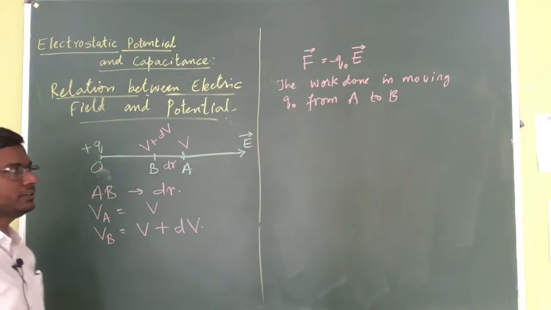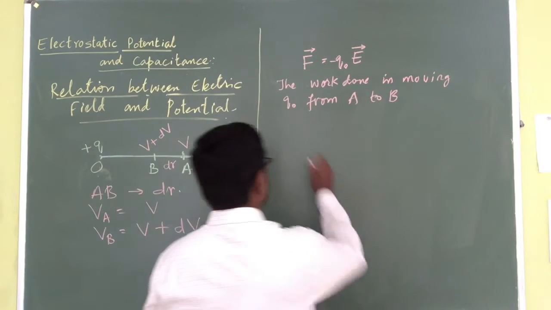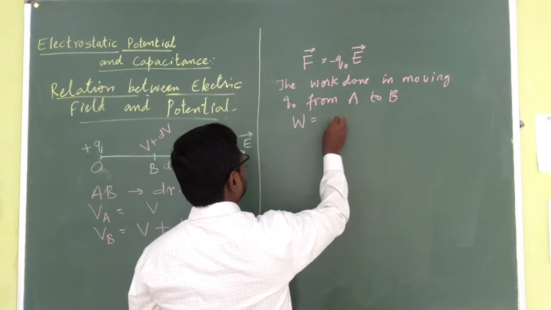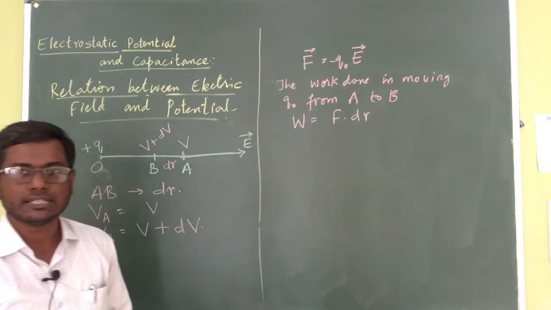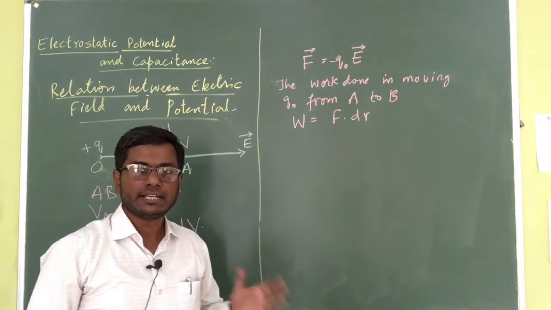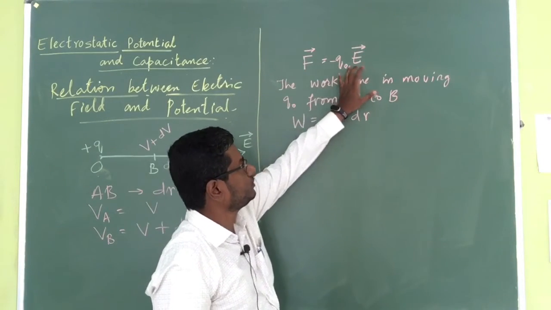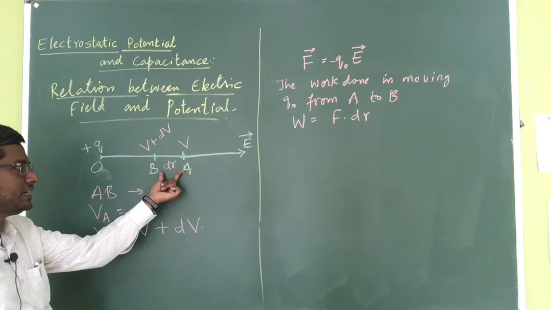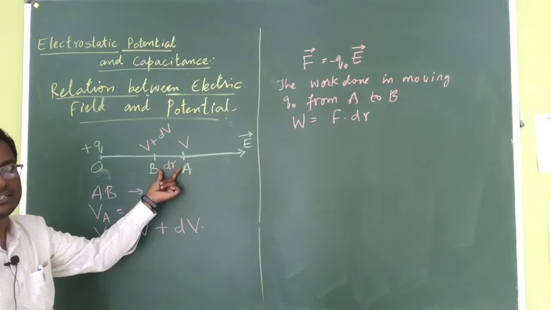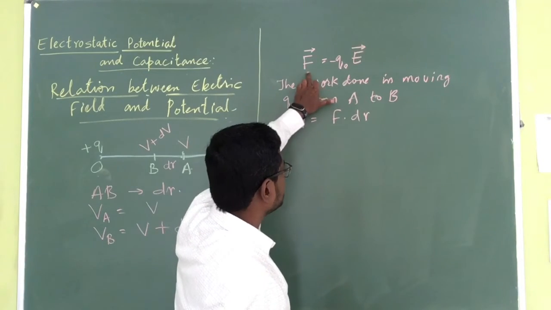The work done in moving Q naught from A to B will be W equals F into dr, because work done is force multiplied by displacement. Force we have here, which is minus Q naught times E, and the displacement between A and B is given by this dr. Now I can substitute the value of force from this equation.